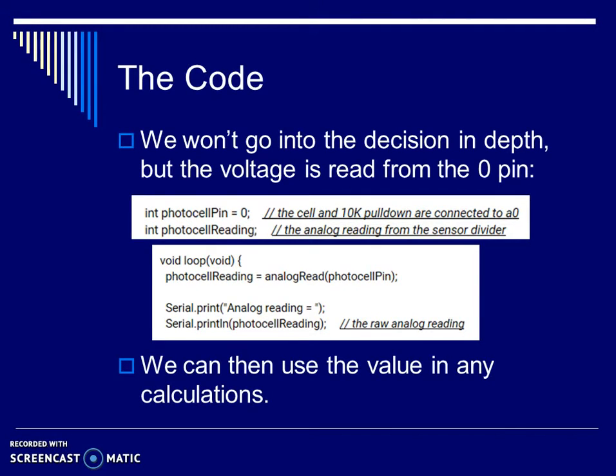And this is a good step to take. I've mentioned this before. In any development, it's a good idea to include these kind of serial monitor processes. So this is, in any case, how we read in our voltage from a given pin.